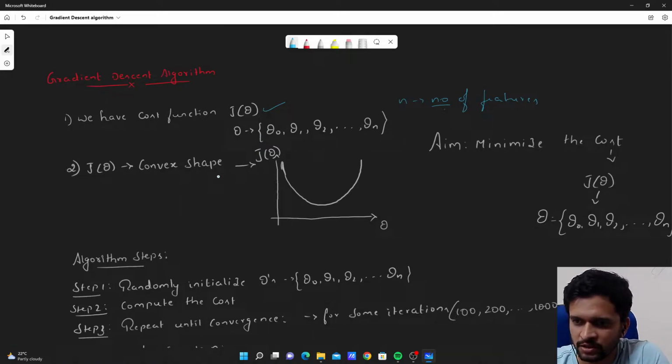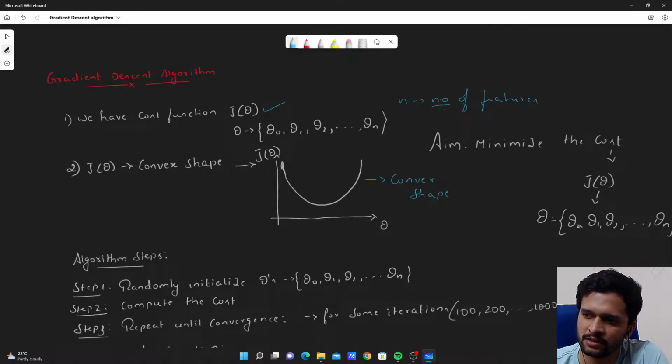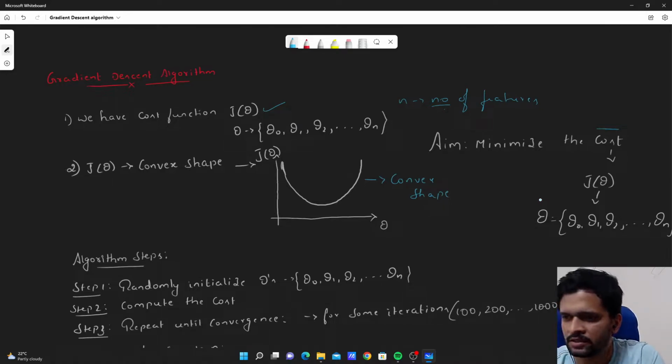Whatever cost function we will be using will be of convex shape. That is, if we plot cost against these theta parameters, it will look like a convex shape. So this is called a convex shape. Now, our aim in any of the algorithms will be to minimize the cost or overall loss of any particular regression problem. So in this case, we have to minimize J theta.